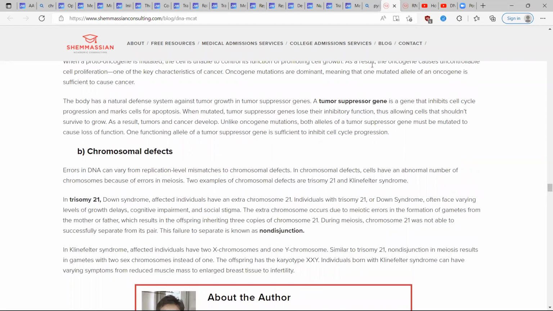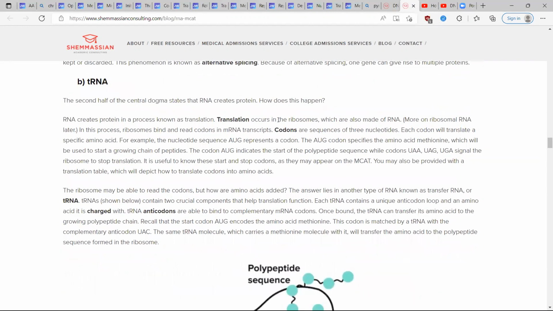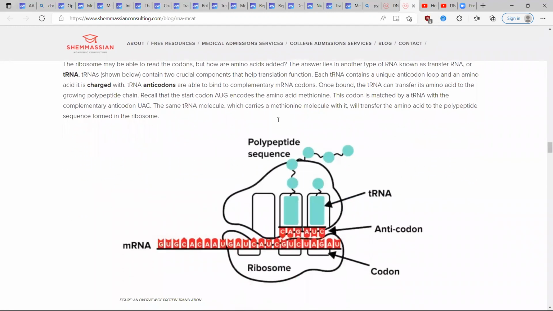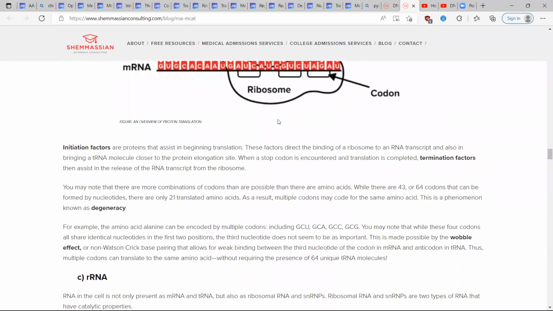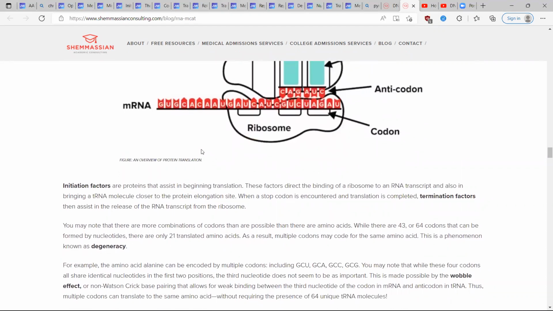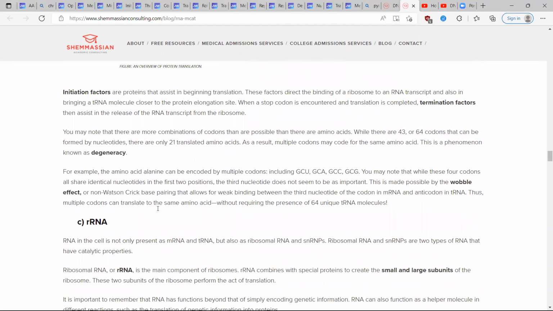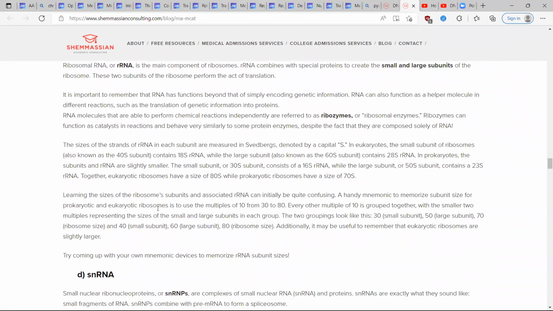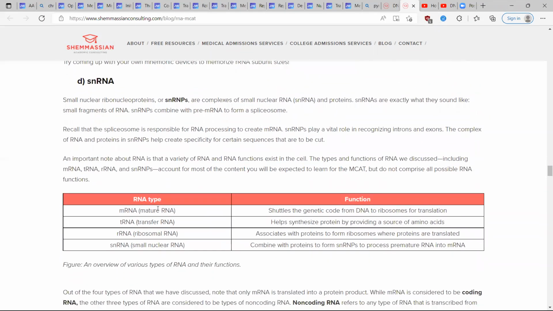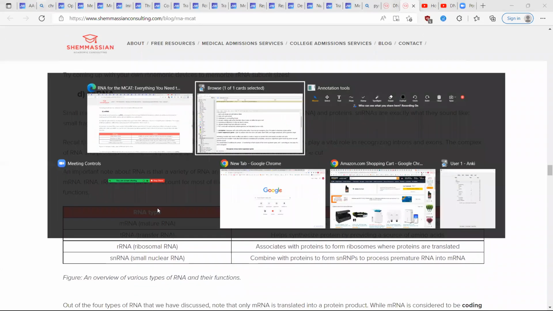Chromosomes we'll talk about more when we do mitosis, meiosis, and that kind of stuff. tRNA we talked about, and we talked about translation, initiation factors, beginning translation. rRNA is ribosomal RNA. There are also some small other types of RNA.